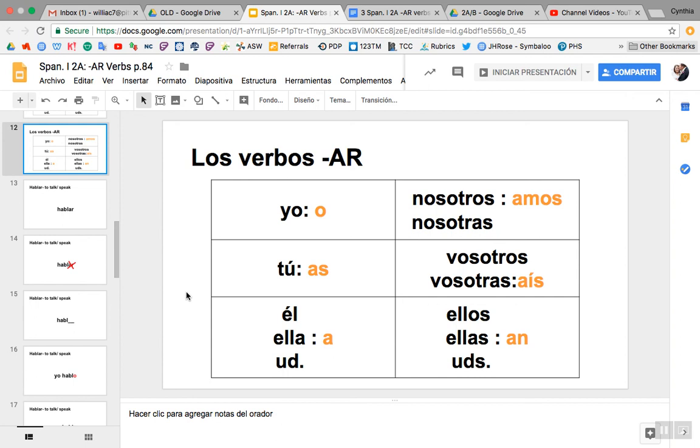It is not going to disappear on the next test. It is not going to ever leave the class, okay? This is crucial foundation stuff for this class and for Spanish in general, okay? So remember, the AR present tense verb endings are o, as, a, amos, áis, and an, okay? Buena suerte.